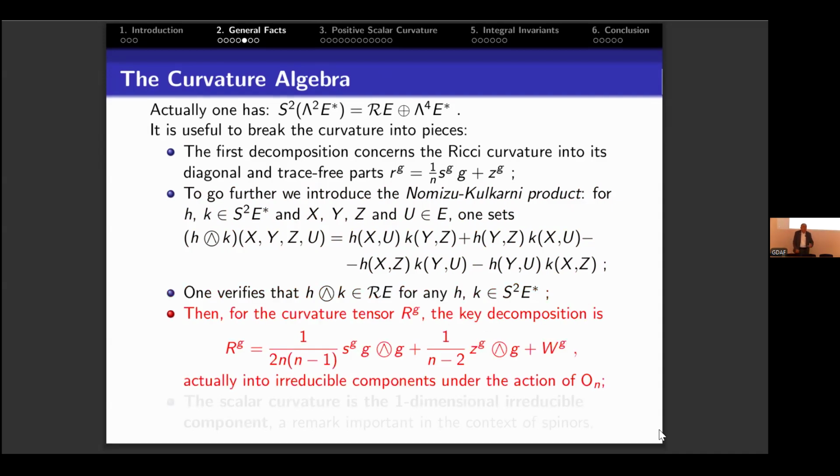And then if you look at the Riemann curvature tensor, you can split it into 3 components. A diagonal part, which is the product of G by itself with a Kulkarni-Nomizu product, with the scalar curvature as coefficient, with a normalization which introduces the dimension.